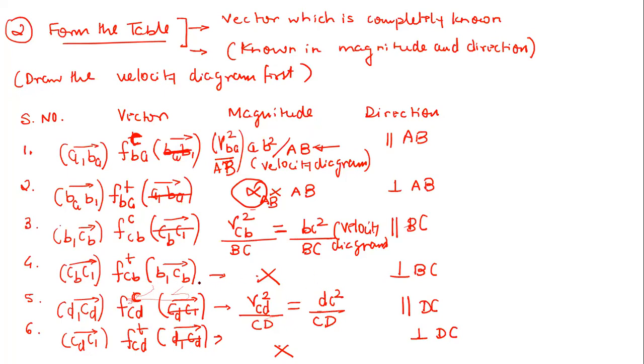Only these tangential components are not possible to calculate, because we don't know the magnitude of angular acceleration for link CB and link CD. So just keep these things in mind, right? Now let us start drawing this velocity diagram.